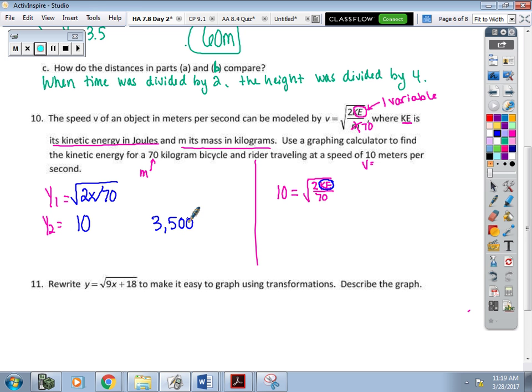Joules. So kinetic energy was in joules. If you did it algebraically, you should be getting the same thing. You would square both sides to get 100, multiply by 70 to get 7,000, and then divide by 2. Get 3,500 as well.